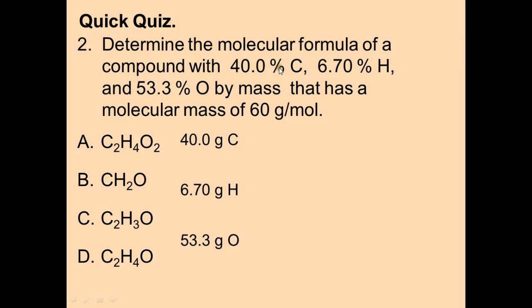And then we divide by the corresponding element's atomic mass, which is from the periodic table. So carbon, we divide by 12.01 because that's its molar mass. Then hydrogen we divide by 1.01 because that's its atomic mass, and then we divide by 16 for oxygen.